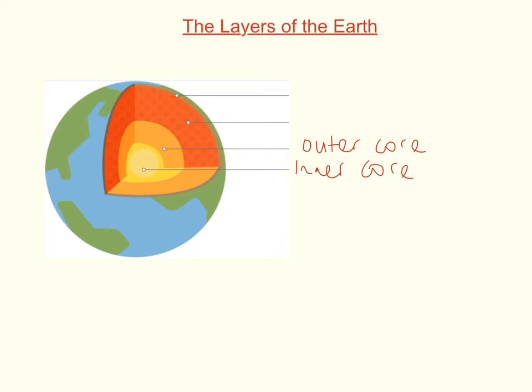The centre of the Earth is made up of the inner and the outer core. This is the thickest layer of the Earth, which we think is made up of two elements, iron and nickel.